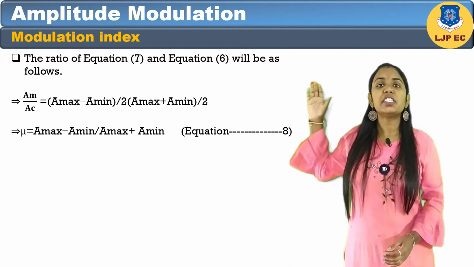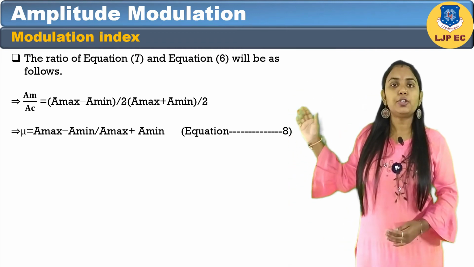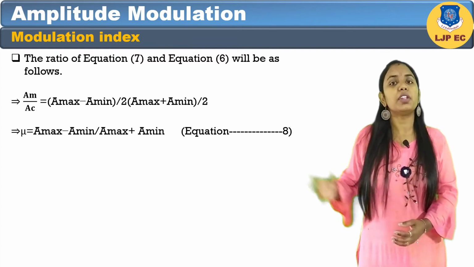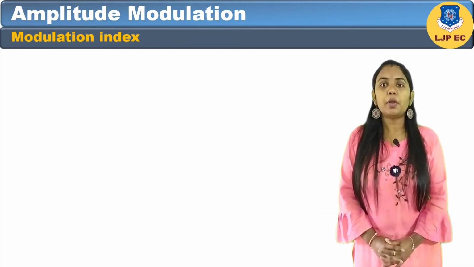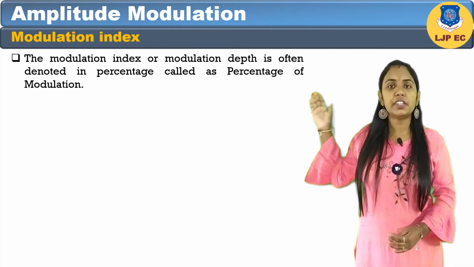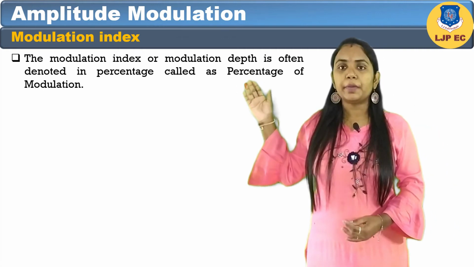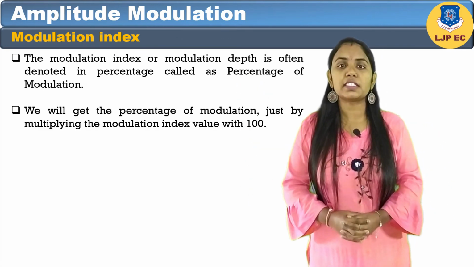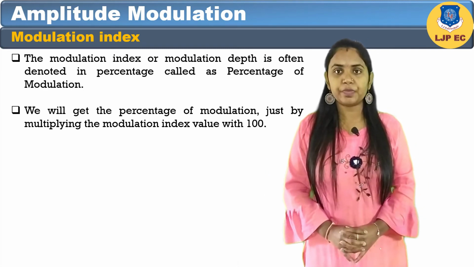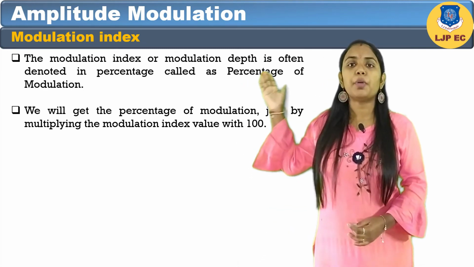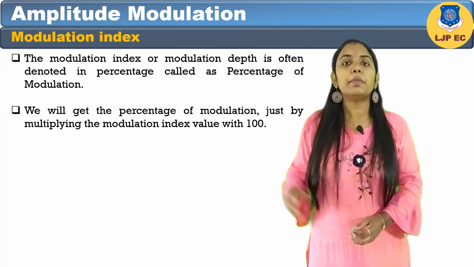Therefore, equations 3 and 8 are the two formulas of modulation index. The modulation index or the modulation depth is often denoted in percentage, called percentage modulation. We will get the percentage of modulation just by multiplying the modulation index value by 100.